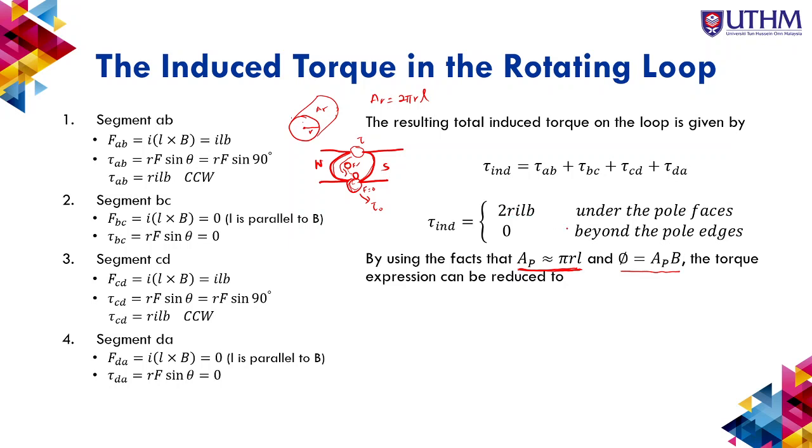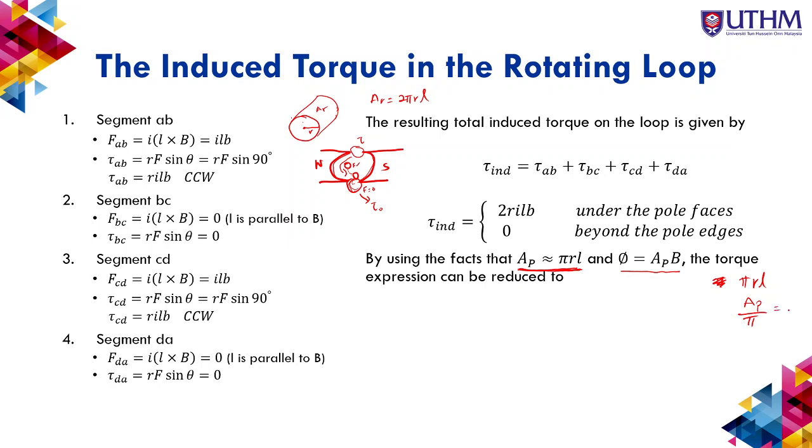So we know that pi R L is the area. Okay, so area is pi R L, and for sure, when we want to replace, we can put like this, A over pi.